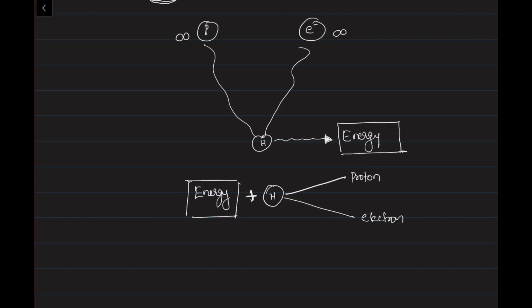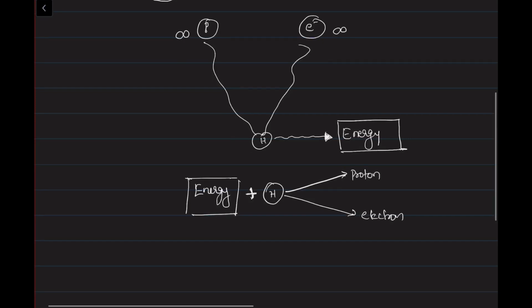So binding energy is the energy used to split a well-stable hydrogen atom into proton and electron. It is that energy which is bringing all these subatomic particles together. It is that energy which is released when you bring these nucleons together. Understood?